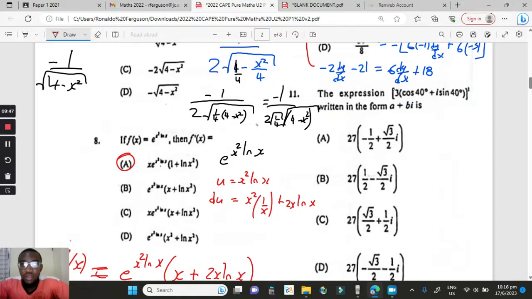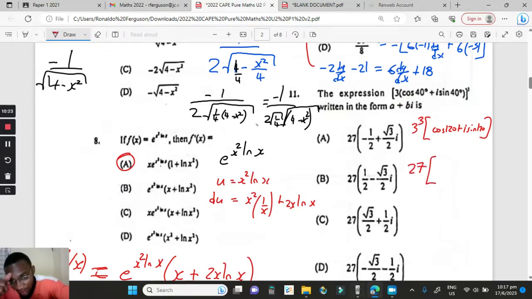This one now, we need to express it in the form a plus bi. But this is still not even in that form, so I don't know what they're talking about. So in that case, remember De Moivre's theorem. Is that a square or a cube? It's a cube, so it's 3 cubed in bracket. De Moivre's theorem: multiply 3 times 40, so it's cos 120 plus i sine 120. 3 cubed is 27 in bracket.